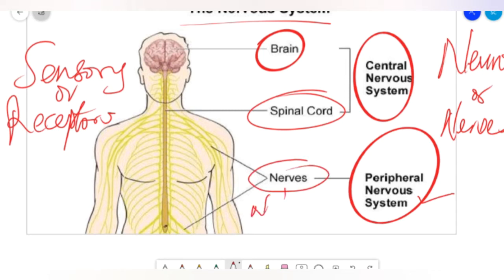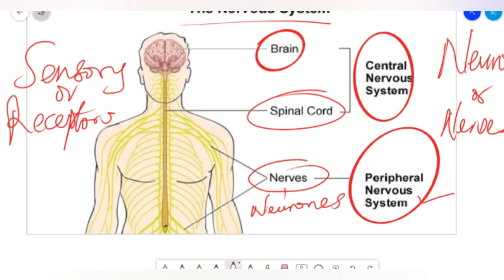Either you call it nerves or you call it neurons. So these are the two parts of the nervous system, the central nervous system and the peripheral nervous system.